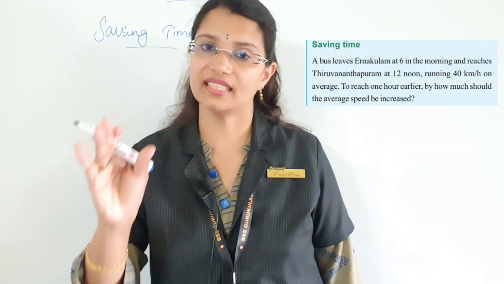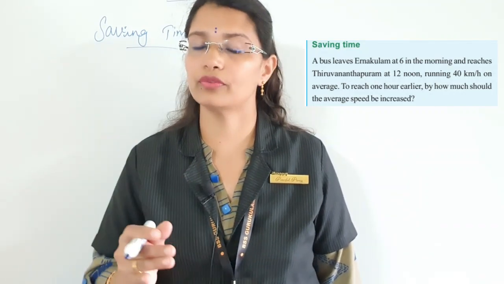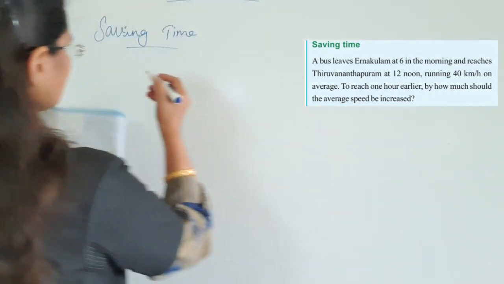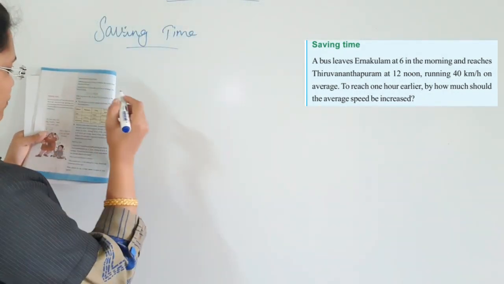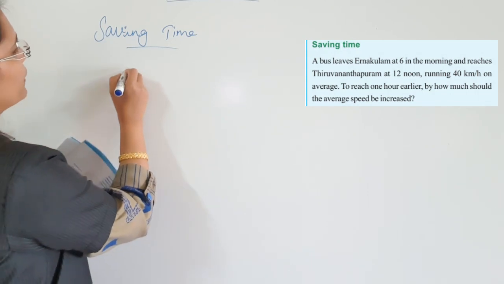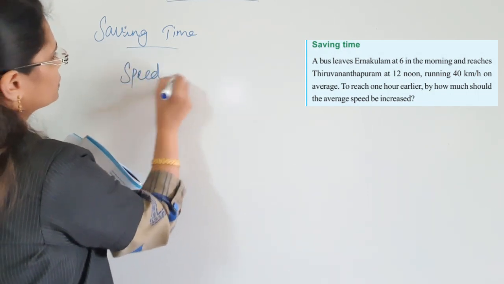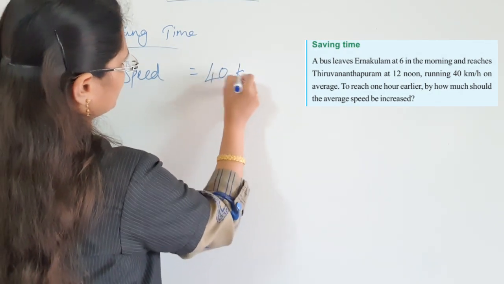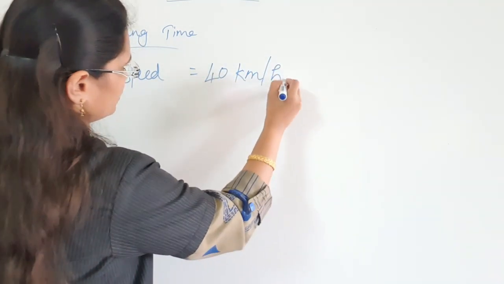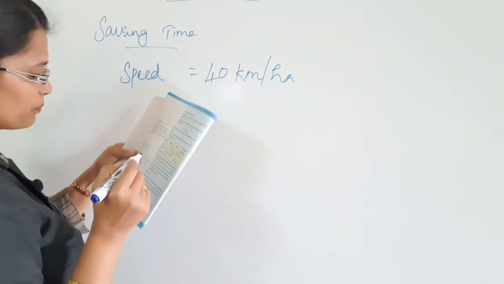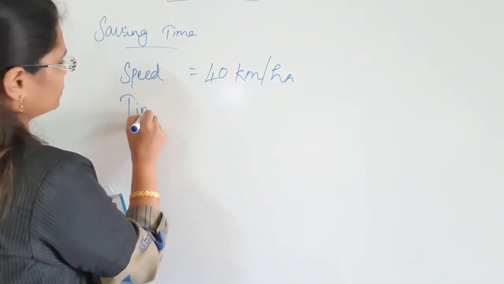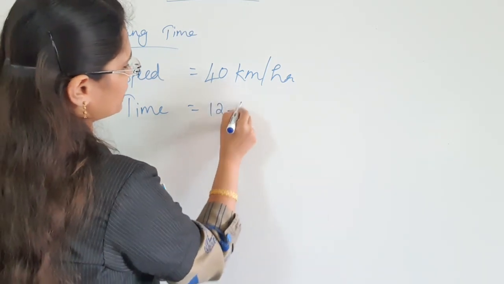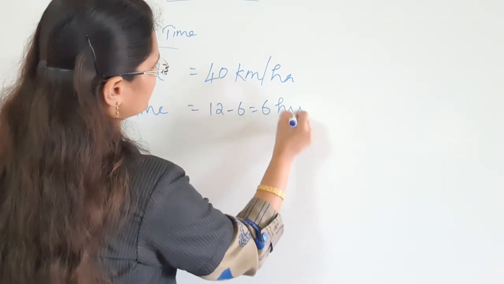Total time taken is 6 hours. To reach 1 hour before means 5 hours only. I will explain that. So here first speed is equal to 40 kilometer per hour. Time is equal to 12 minus 6 equal to 6 hours.